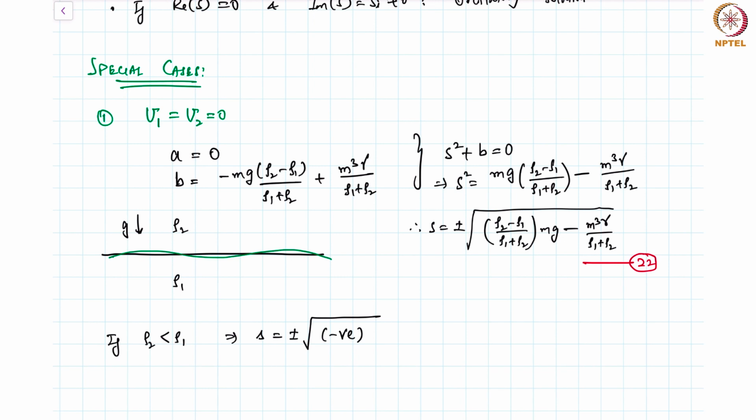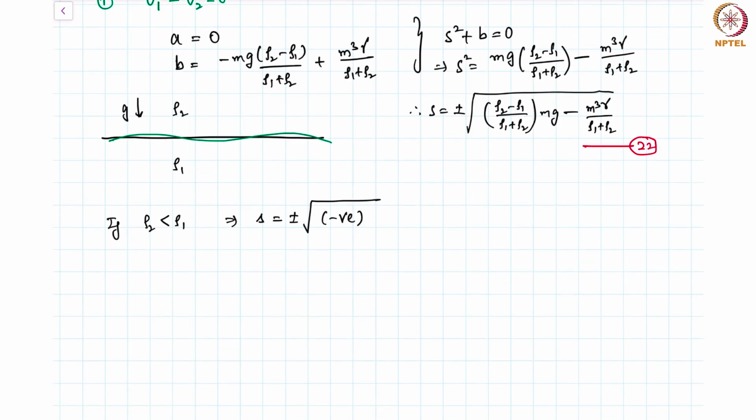The second quantity is anyway negative, which means S is plus or minus I times Si, where Si is nothing but purely the imaginary part of this quantity, which is the magnitude of rho 2 minus rho 1 by rho 1 plus rho 2 mg minus m cube gamma by rho 1 plus rho 2. It's just the magnitude of this quantity. So it's purely oscillatory, right?